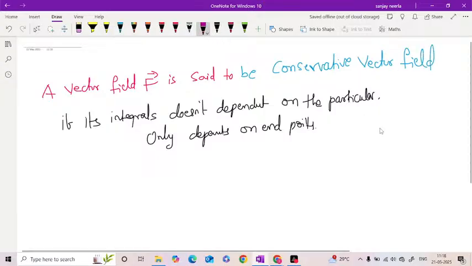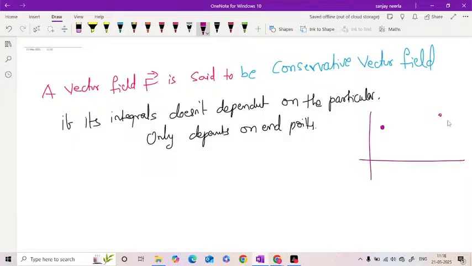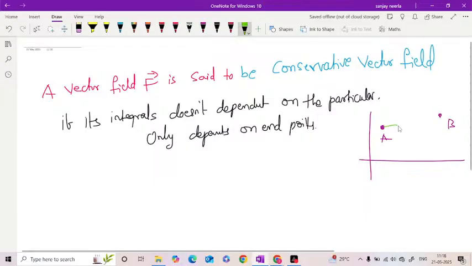That means suppose here there is a path, and it is the A point and B point. Suppose it is a path, and from point A to B we will get some result. I am taking one more different path like this.